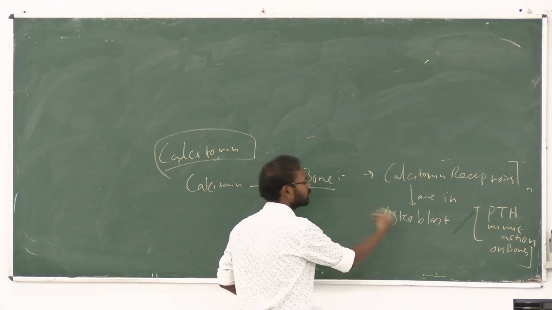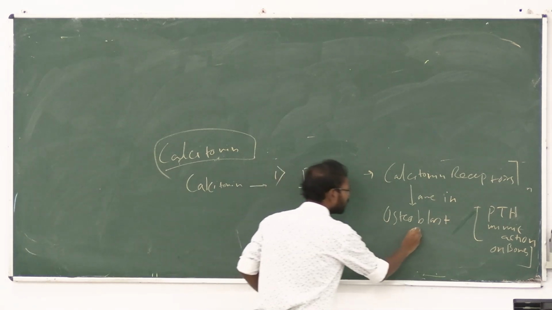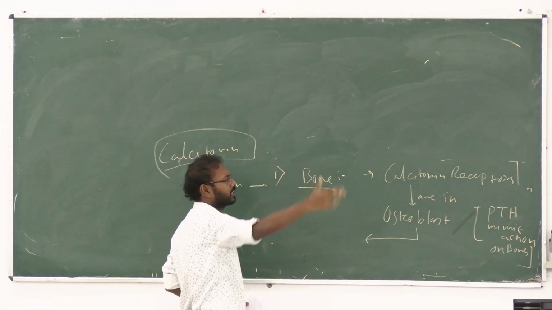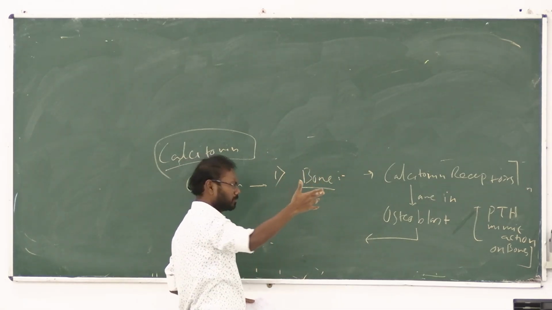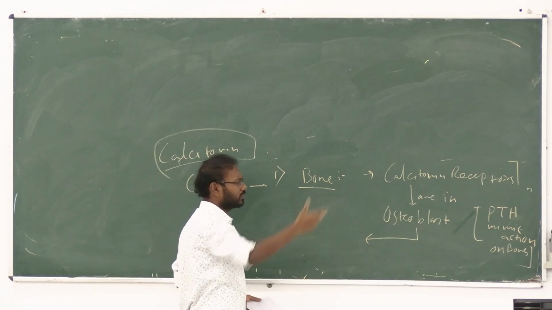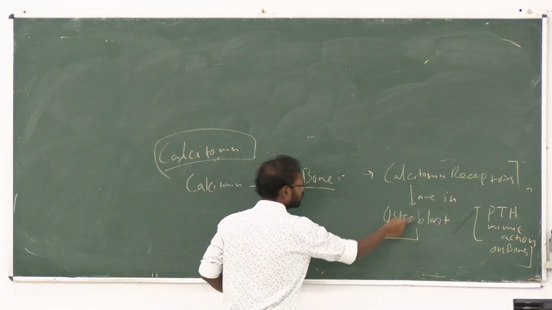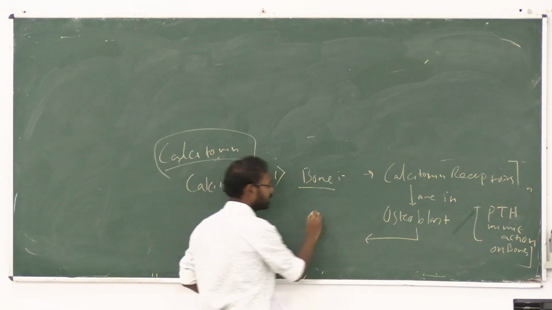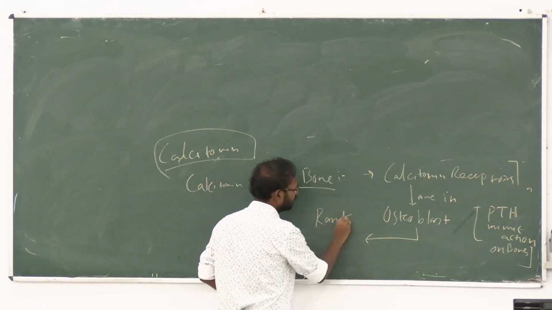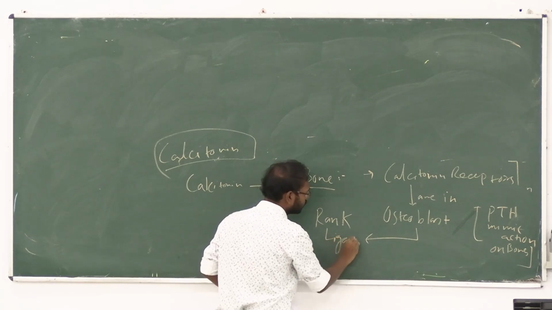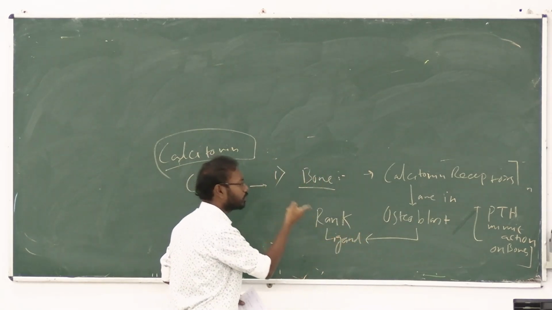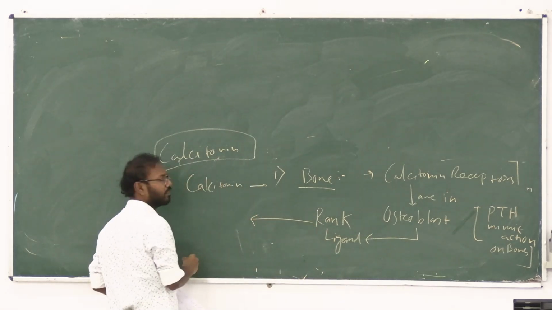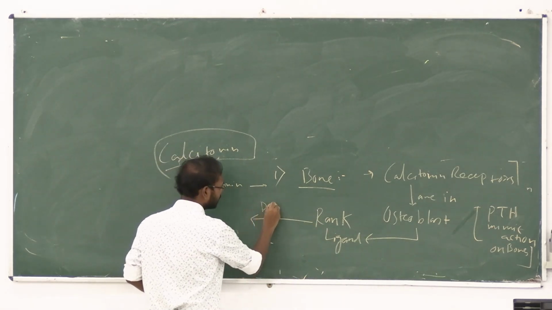Calcitonin receptors are present in osteoblast, which I explained earlier by drawing a picture, how the PTH receptors work, just like that. কি রিলিজ করে অস্টিওব্লাস্টে? র‍্যাঙ্ক লাইগ্যান্ড, আগের দিনে বললাম র‍্যাঙ্ক লাইগ্যান্ড. So this rank ligand is released by osteoblast, and ultimately it will go and differentiate osteoclast.